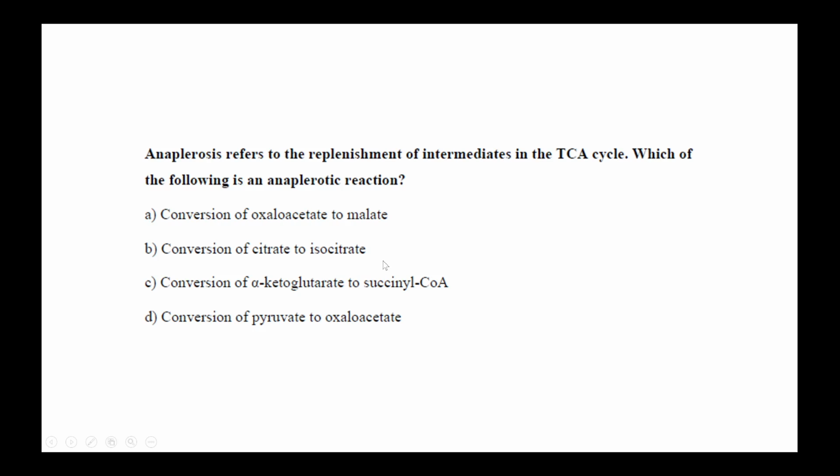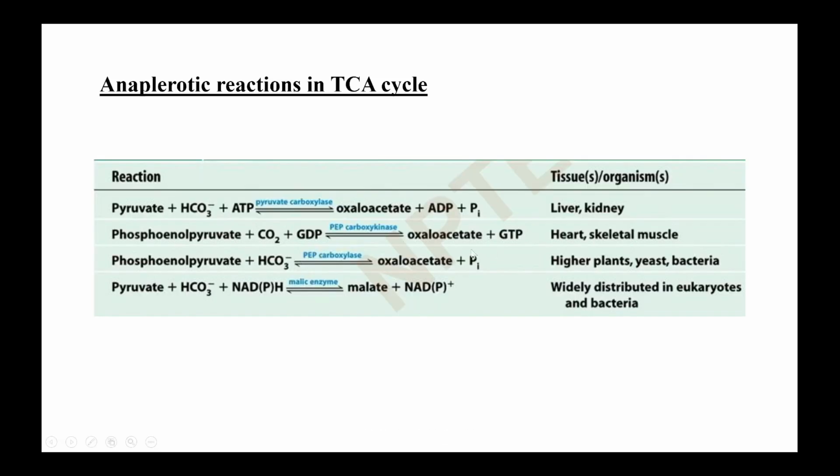Okay, so the first anaplerotic reaction for the TCA cycle is the conversion of pyruvate to oxaloacetate, where pyruvate can directly be converted into oxaloacetate in order to replenish the oxaloacetate that is required in the TCA cycle. And where does this reaction occur? It occurs mainly in the liver and kidney.